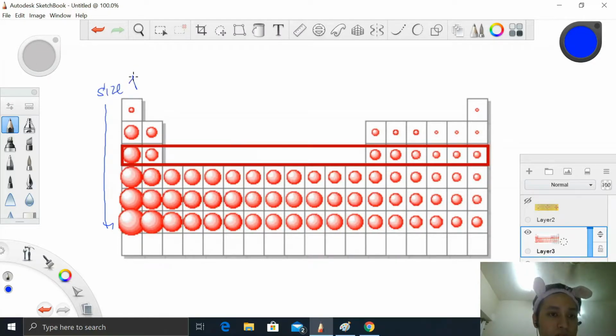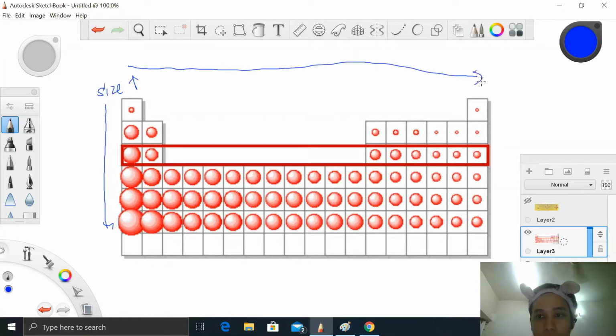Atomic size is increasing. But as you go across the period from left to right, your size is actually decreasing. The red balls here represent the size.